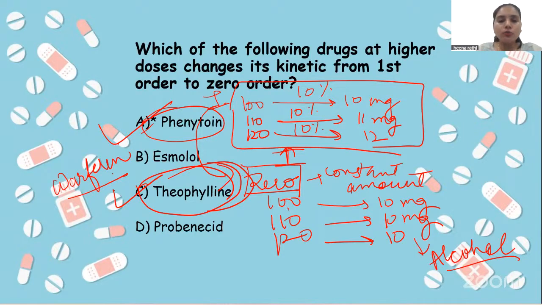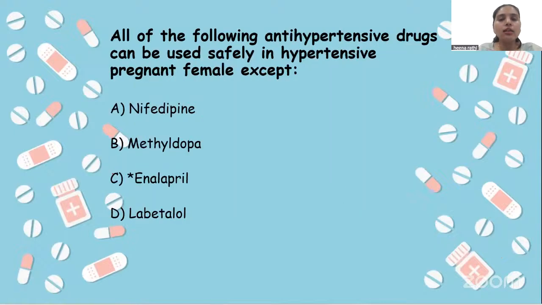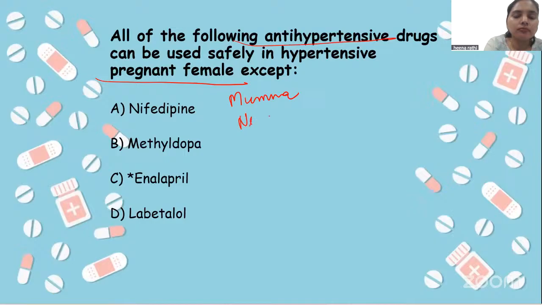The last question which we are going to take in this class is: which of the antihypertensive drugs are safe for a pregnant female? For a pregnant female, we can remember the antihypertensive drugs which can be used with the mnemonic: Mama needs healthy neonates.